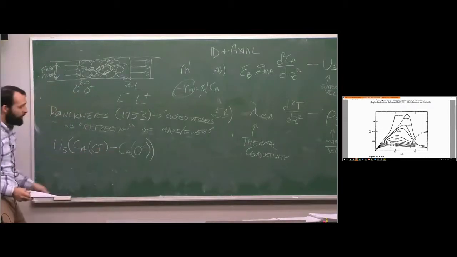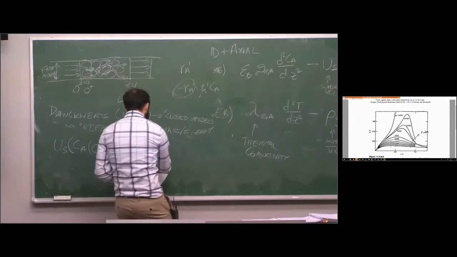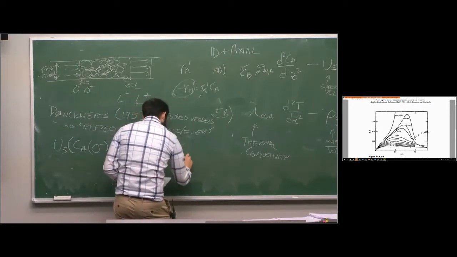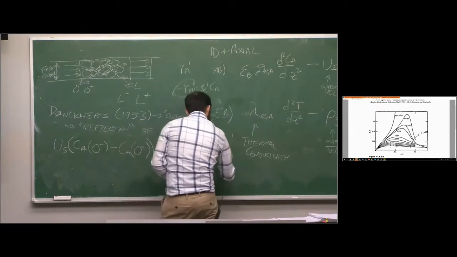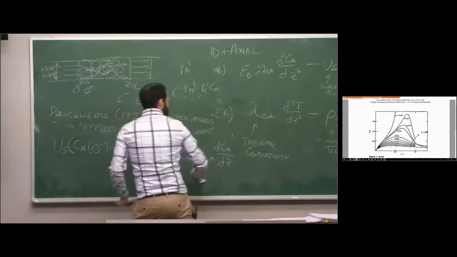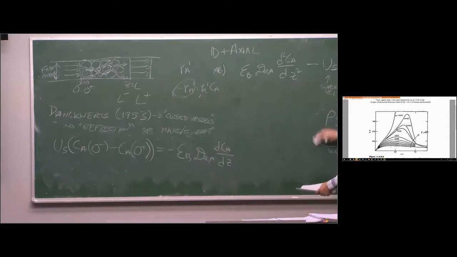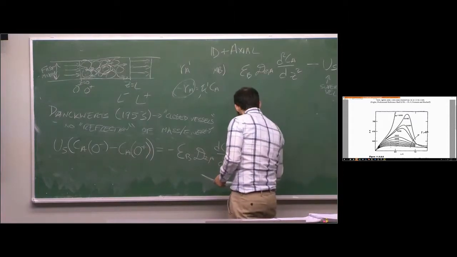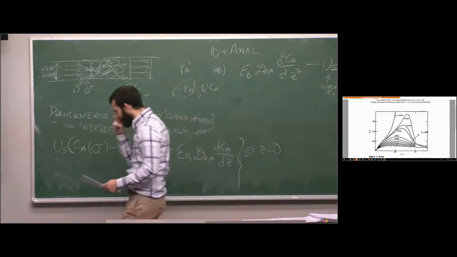So that's your concentration gradient. This is your superficial velocity, and that is equal to the rate of diffusion. And it's a boundary condition, right? So this is at z equal to 0.